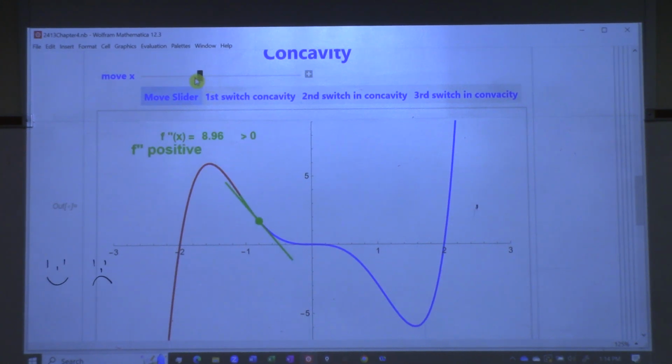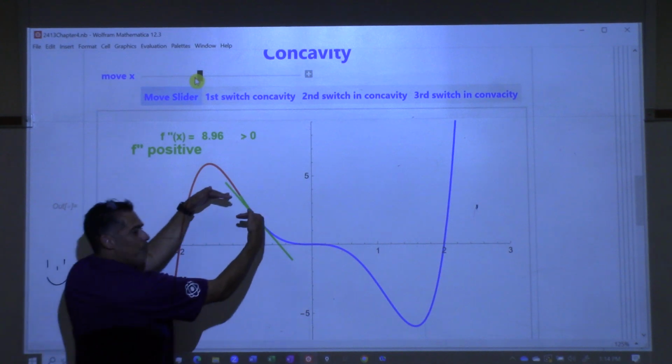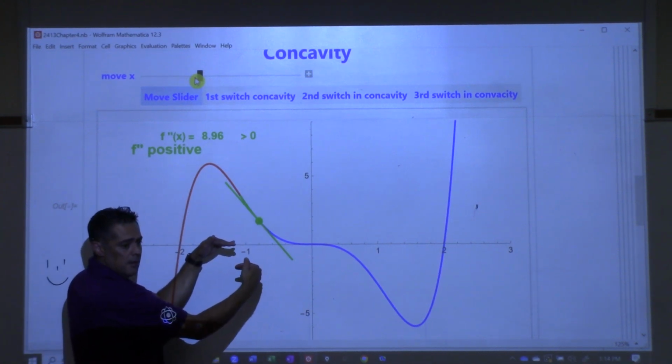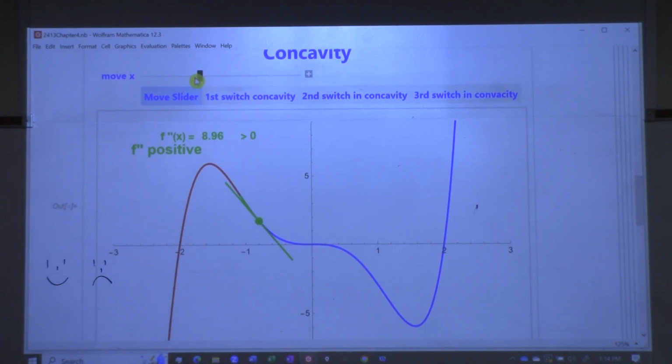And now do you see that the tangent line is below the graph? That's what it means to be concave up, when your tangent line's below the graph. And then it's going to switch again. Watch right here. Now the tangent line is above the graph until I get down here, and now the tangent line is below.